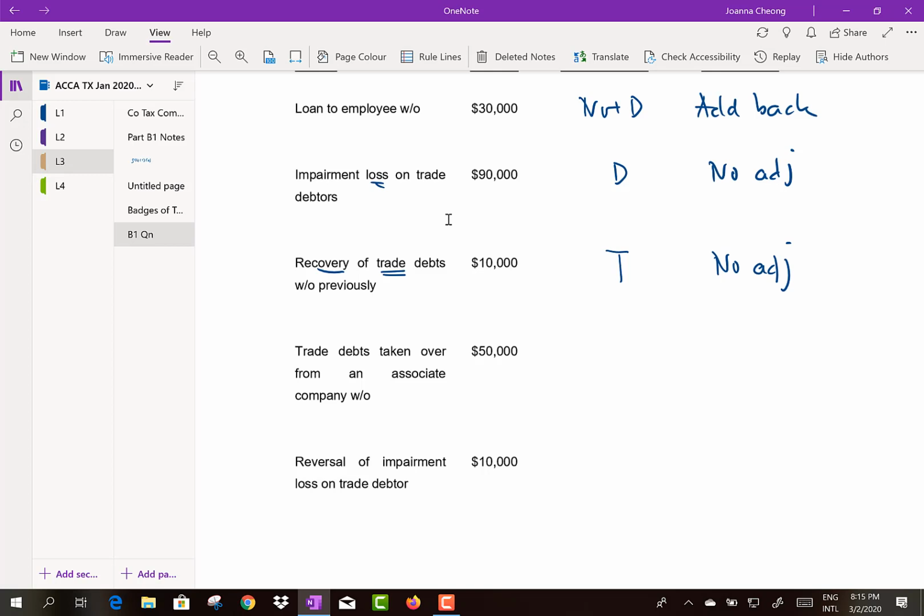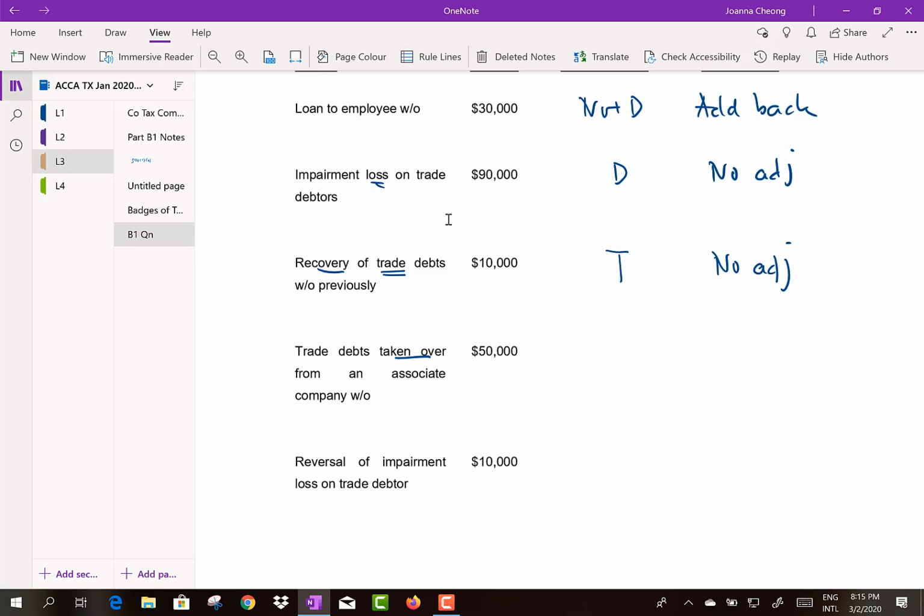Okay, then what is the next item? The next item may be something that is pretty new to you. You may not have learned this before, but I just want you to remember, in the event it ever appears, trade debt taken over from an associate company written off. That means the debt doesn't belong to you, right? The debt belongs to someone else.